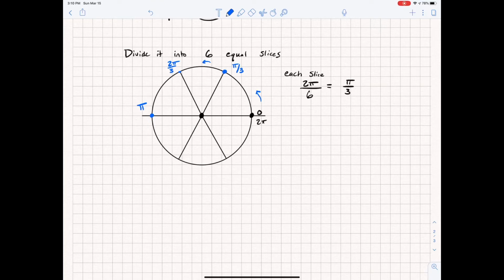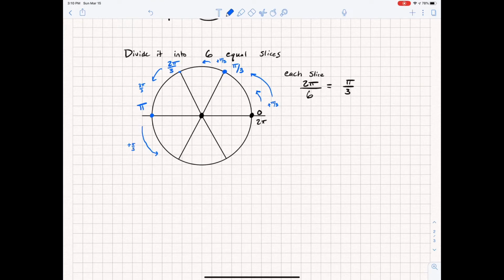And so notice essentially what I'm doing is starting at 0, I'm adding pi over 3. So 0 plus pi over 3 is just pi over 3. If I add another pi over 3, I add their numerators, so that'll give me 2. Add another pi over 3, that would be then 3 pi over 3, or pi, because the 3's make a whole number. And so this is how the counting continues to work, because now that I'm at pi, to get to the next mark, I'm going to add another pi over 3.